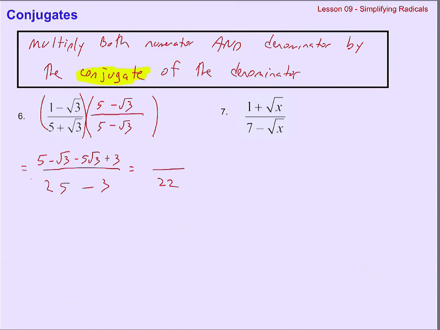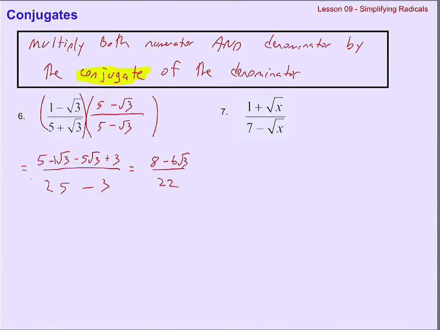The radicals cancel out. We're left with just 3. Also, because both of those terms were negative, that's why their product is positive. We can do a little bit of combining there. 5 plus 3 is 8, and negative root 3 minus 5 root 3. We can combine that. Remember, there is an invisible 1 there. That's why it's negative 6 root 3.